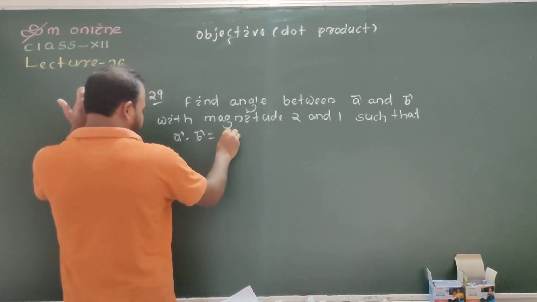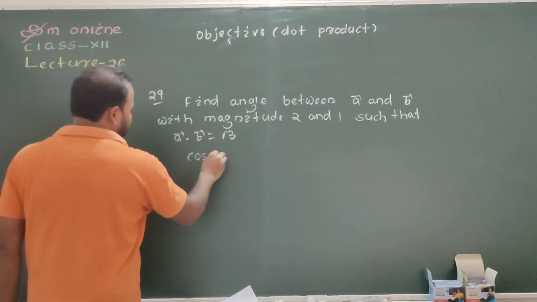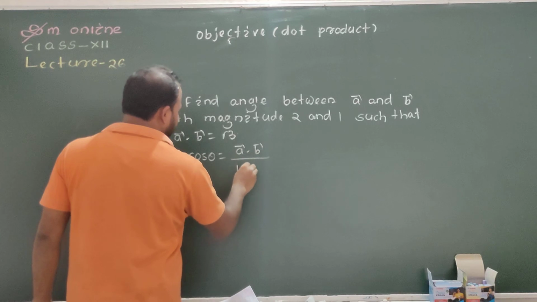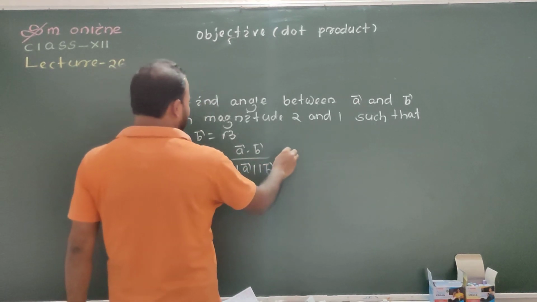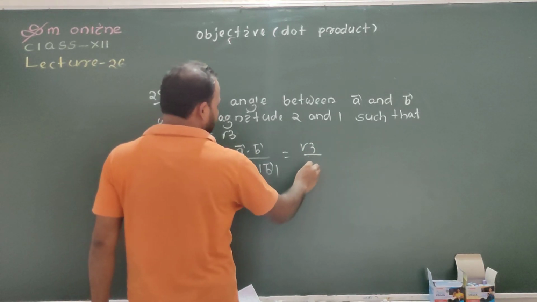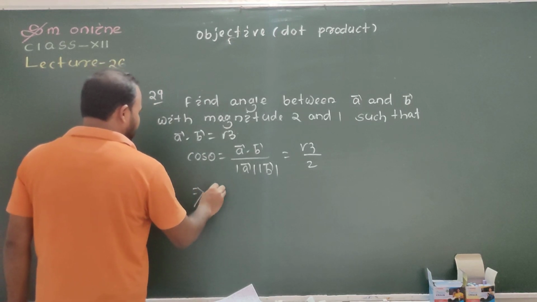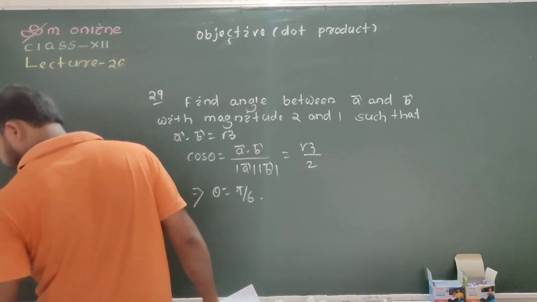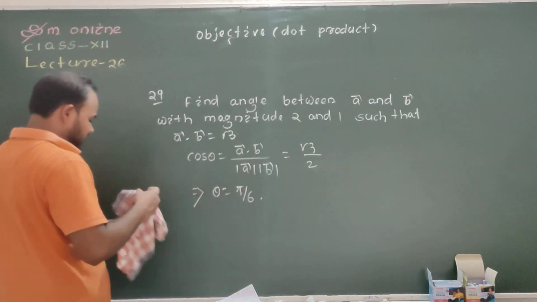Very simple question. We know that cos theta equals vector A dot vector B upon magnitude of vector A into magnitude of vector B, and it is equal to √3 upon 1 into 2, that is 2. So theta equals cos inverse √3 by 2, which implies theta equals pi upon 6.